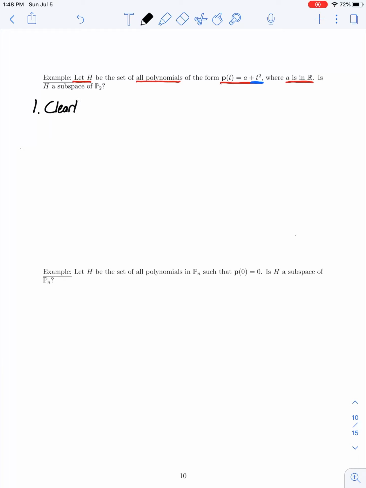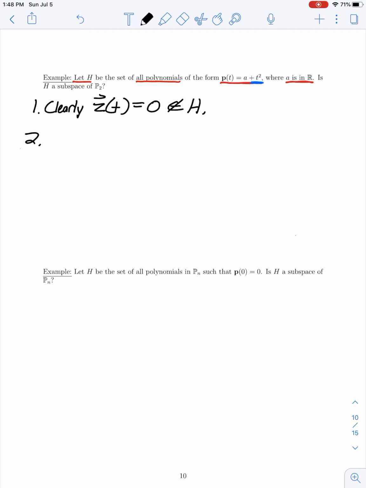And in this example, we can see that clearly the 0 vector, which for the set of polynomials of degree 2 would be the function z of t, which is identically 0 for all t, is not an element of the set H, because the coefficient for t squared would have to equal 1 for polynomials in this set. So as soon as we see that it does not contain the 0 vector, we know that it is not a subspace of P2.